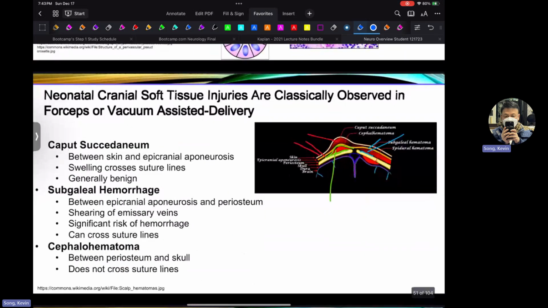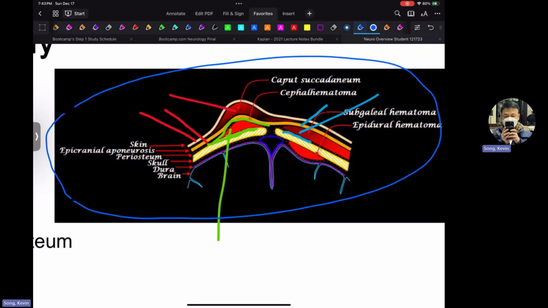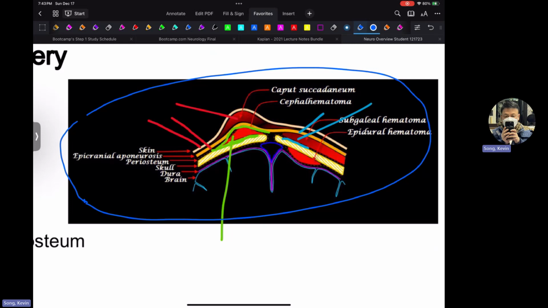All right. Now you really need to know this picture very, very well. Just knowing this picture will maybe not get you a very high score, but at least one question in the CAS and then in the STEP exam, especially in the pediatric rotation shelf.